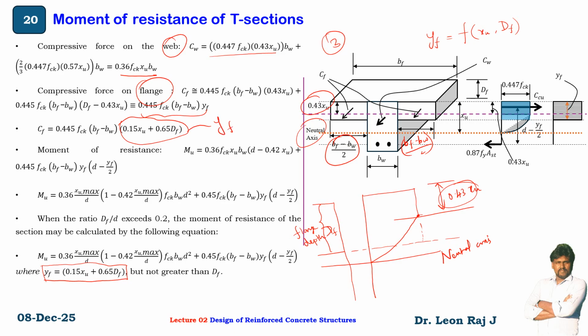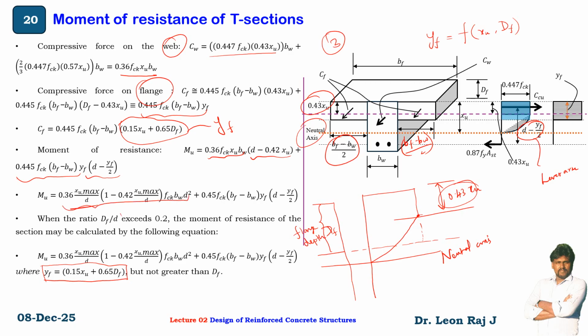The moment of resistance is the compression force times the lever arm, and this is also the compression force times the lever arm. D minus Yf by 2 is the lever arm. So the moment of resistance Mu equals 0.36 Xu max by d into (1 minus 0.42 Xu max by d) fck bw d square.